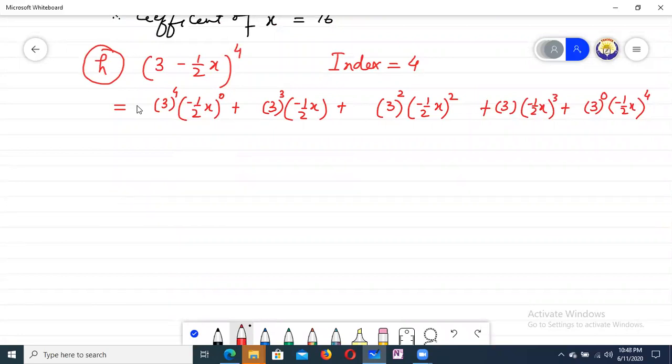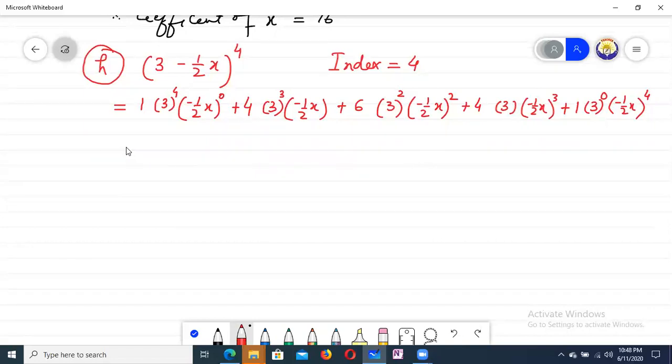There will be 1, 4, 6, 4, and here is 1.